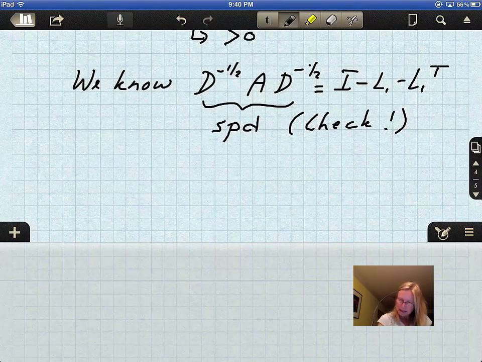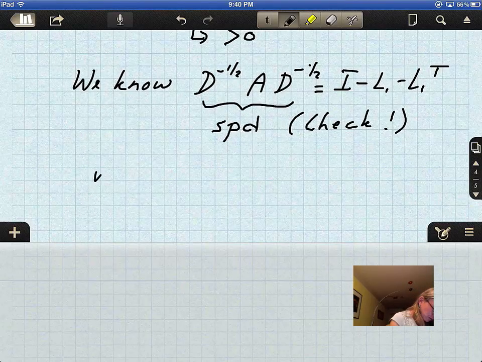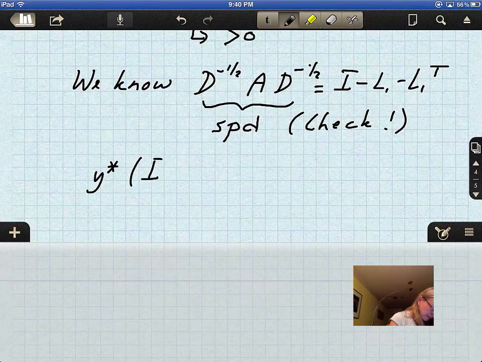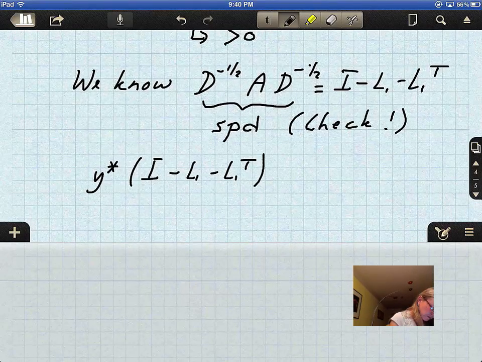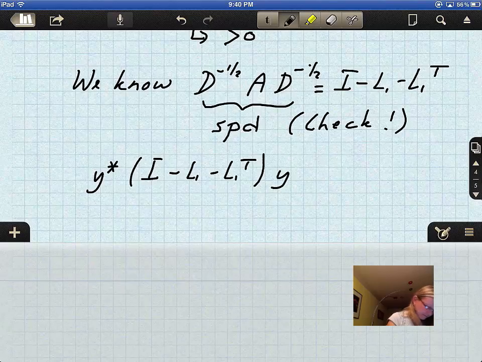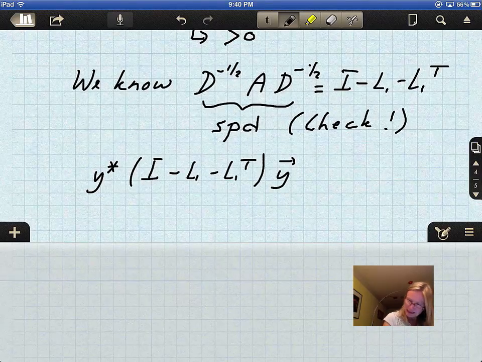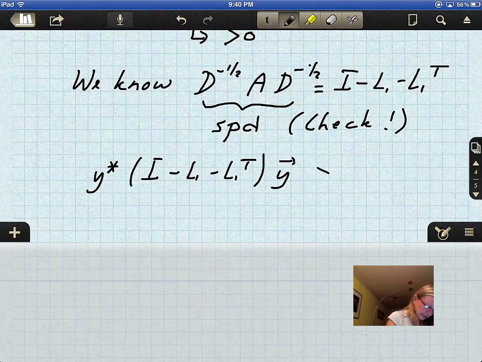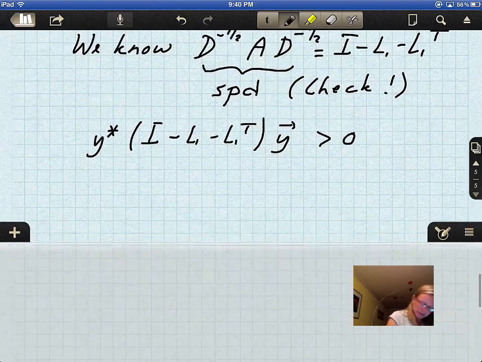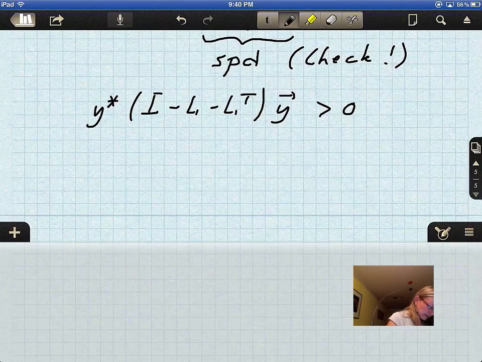So that means that if we do y star times that thing, the inner product, y star, like this, y, then we have that this is bigger than 0. But what is this? Well, the first one just gives us y star y, so that would be 1.